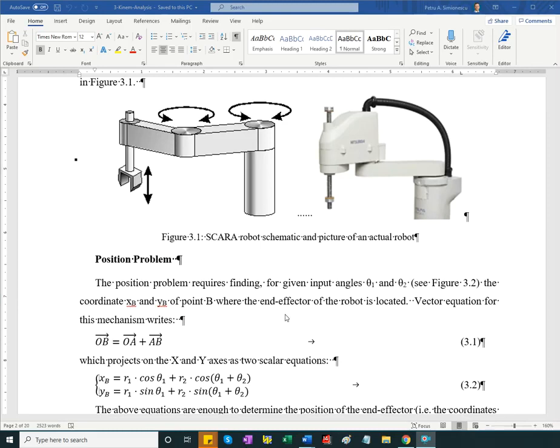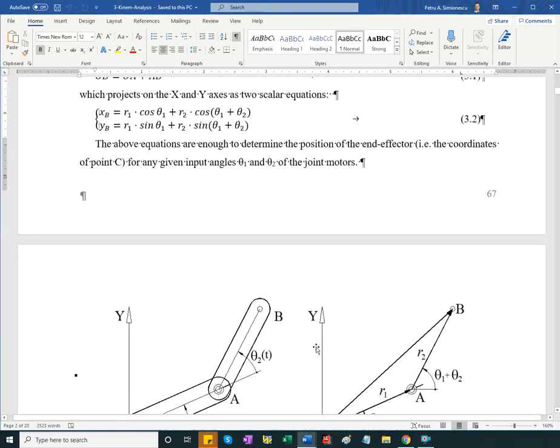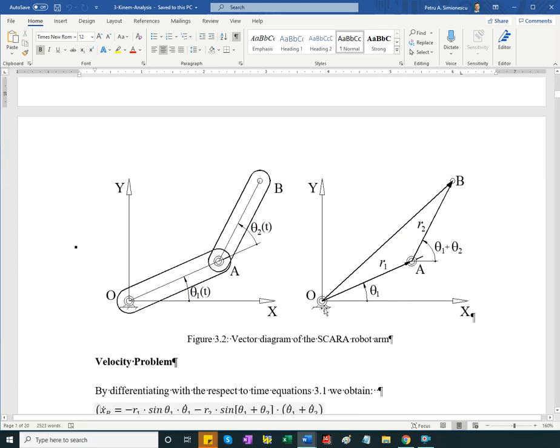And we start by drawing a vector loop. We associate a vector, conveniently selected, to each of these two links. So we call it R1, the vector that goes from O to A, and R2 goes from A to B. B again is the point that we want to find its position, velocity, acceleration given the motor input.